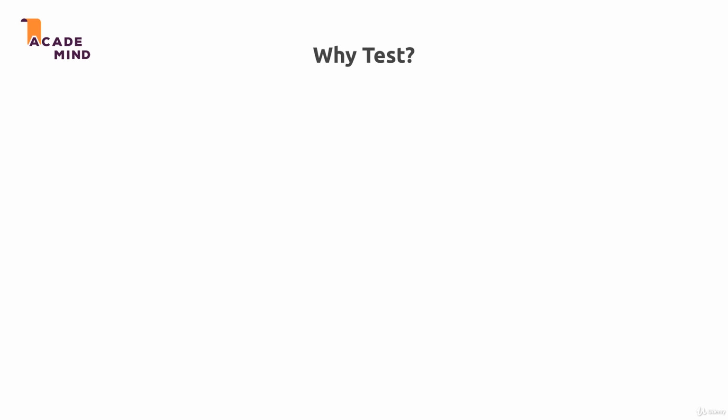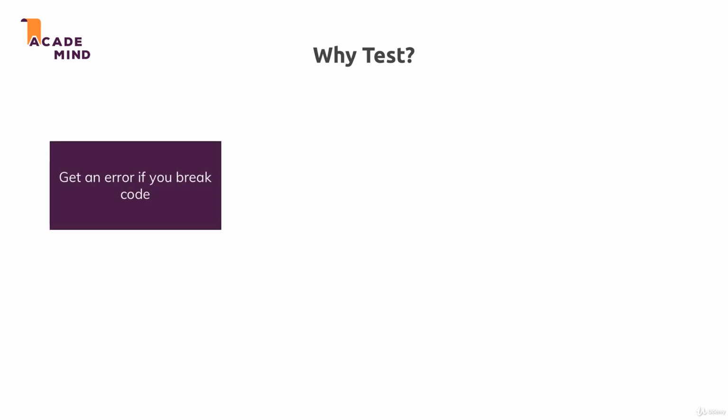So that is also one answer to the question, why would we want to test? We want to get an error and see the error if we break our code. We want to see that immediately without us testing everything manually. We might still do manual testing, but it's still worth a lot to have a suite of predefined automated tests that we can run to quickly see, did this change break anything?